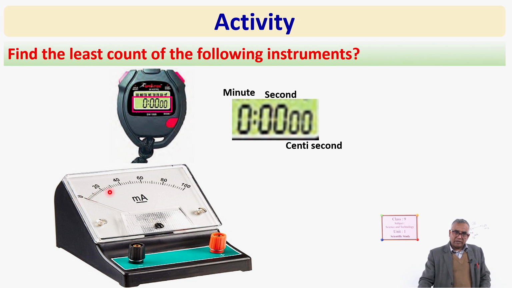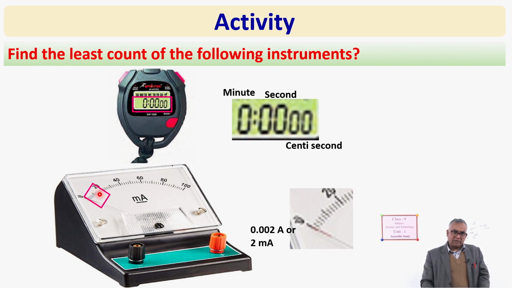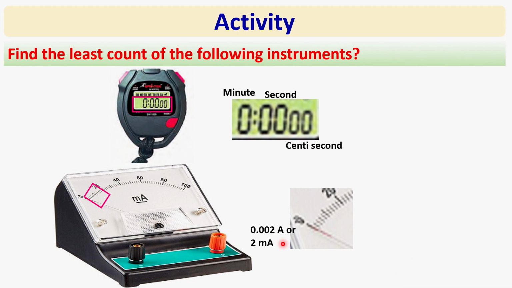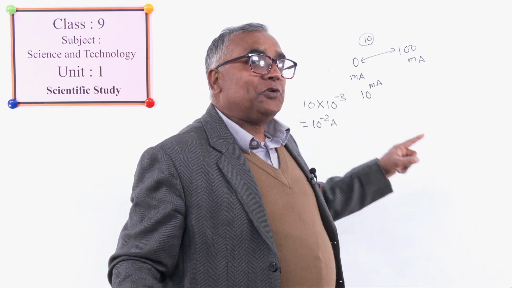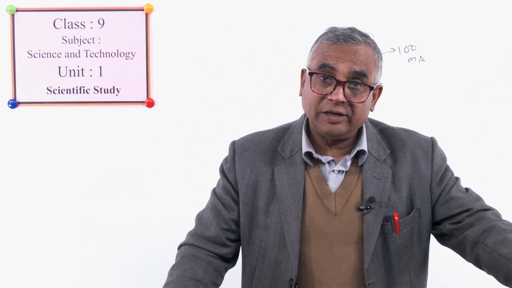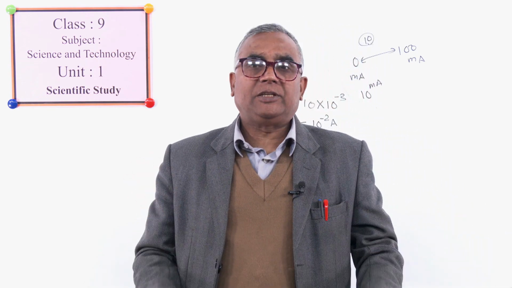That division is also equal to 10, so one segment shows 20 divided by 10, that means 2 milliampere, or 0.002 ampere. For the real device it is 10 to the power minus 2 ampere, but this device is a little bit different.